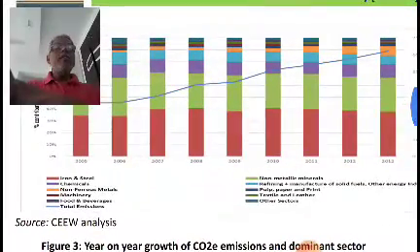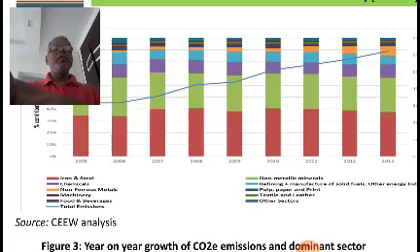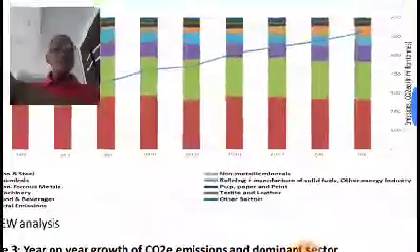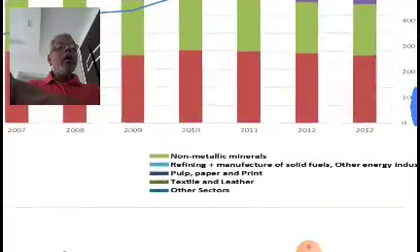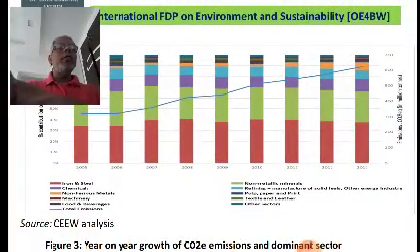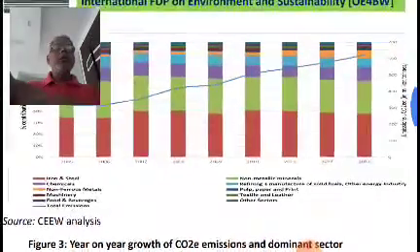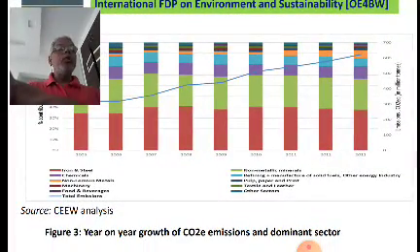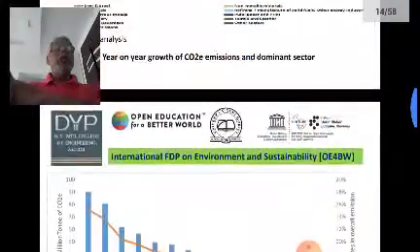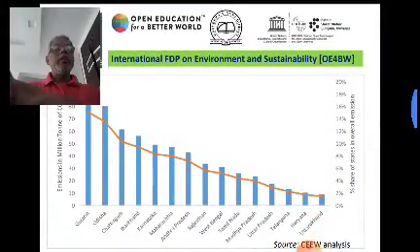You can see in this slide the impact of the iron and steel sector is the largest. From 2005 to 2013, there is almost a 40 to 50% contribution to the growth of CO2 emission by iron and steel.